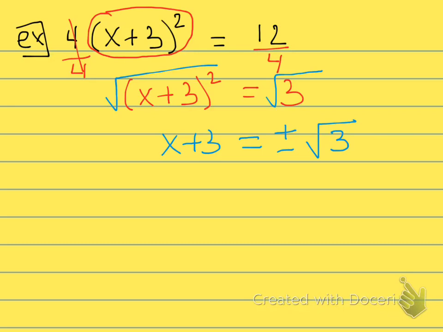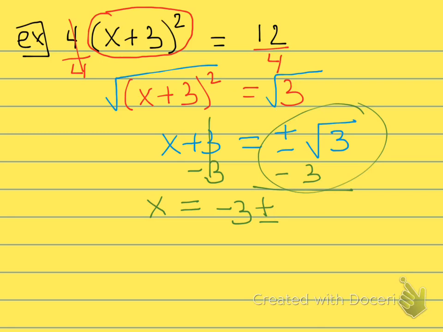If it says x plus 3, I have to subtract the 3, and I'm going to subtract it from both sides. Now this is where knowing what to do with all this comes in. You're just going to put that negative 3 in front of the plus and minus symbol, and then the square root of 3 goes behind it.